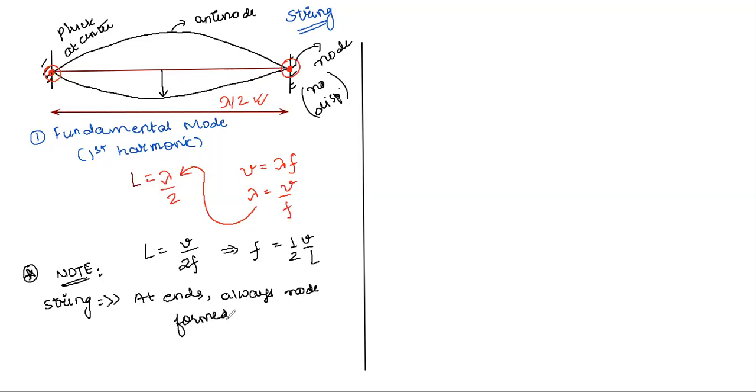Now we'll therefore have another type of combination that can happen. See here. Now, class, always remember to make this diagram. As I told you, whenever standing wave questions come, somewhere in rough space, draw this diagram.